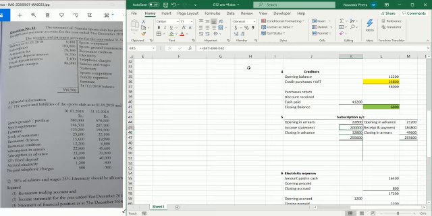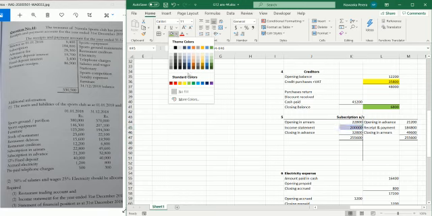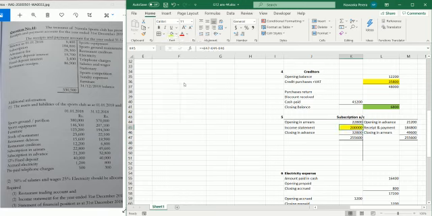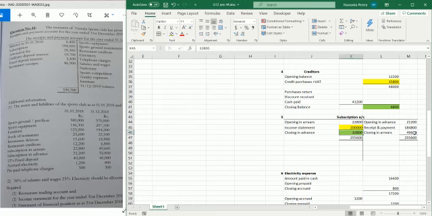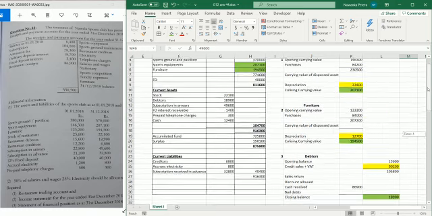and this has to be recorded in your income statement. Here I color it with yellow, and then as you know, closing in advance and closing in arrears have to be recorded in your statement of financial position. Closing in advance is considered as a liability and it has to be recorded under current liabilities, and closing in arrears is considered as an asset and it has to be recorded under current assets in your statement of financial position.